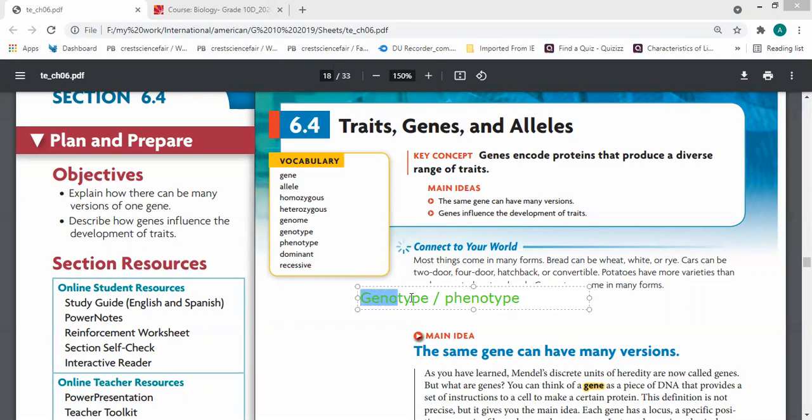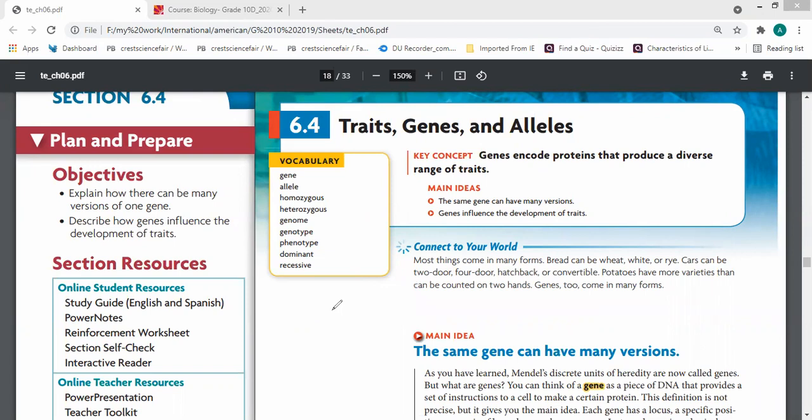Genotype is related to the symbols which we give to explain or represent a trait. Like what? If we say that the dark brown eye color trait is dominant over colored eye color.